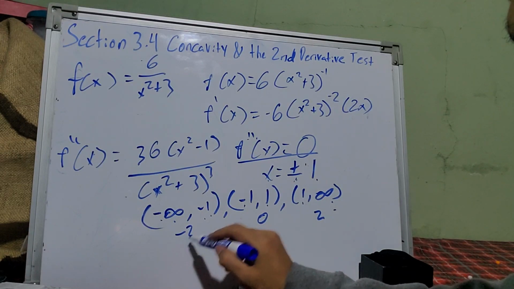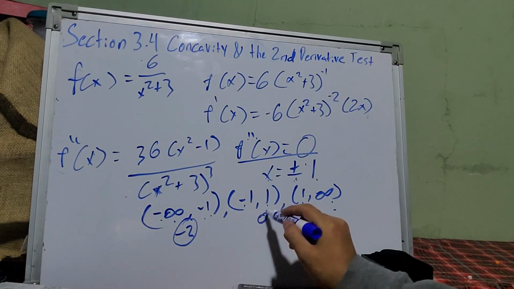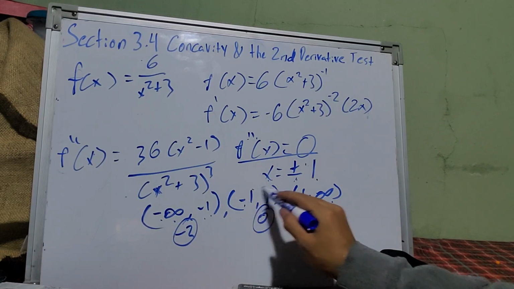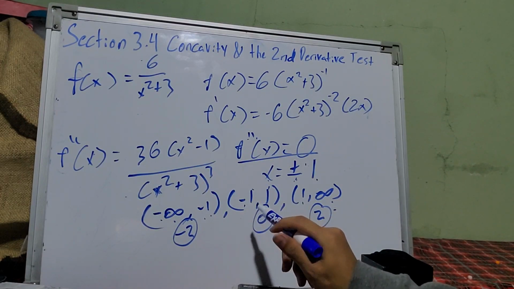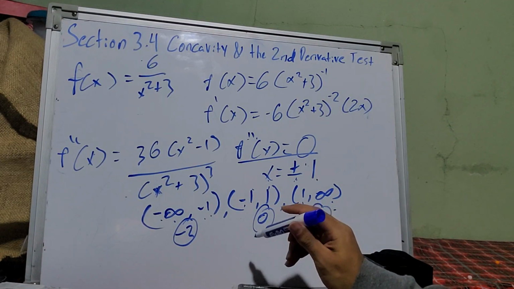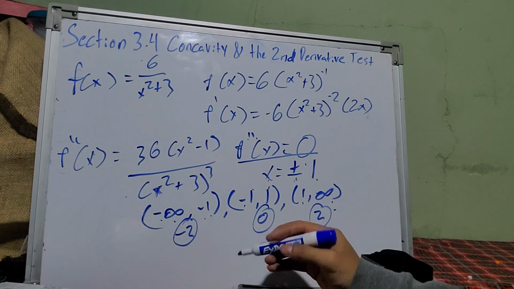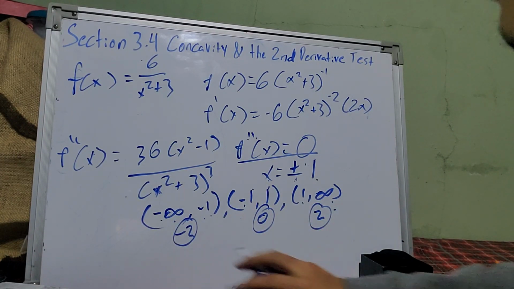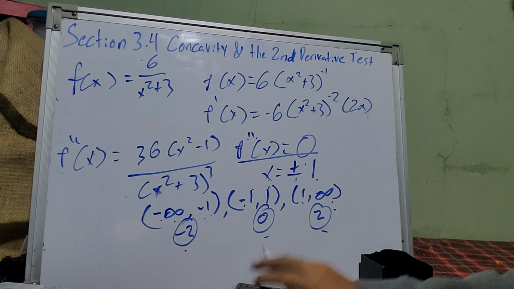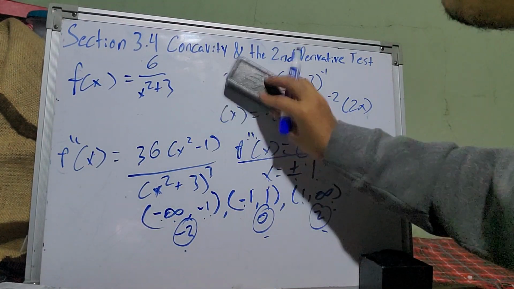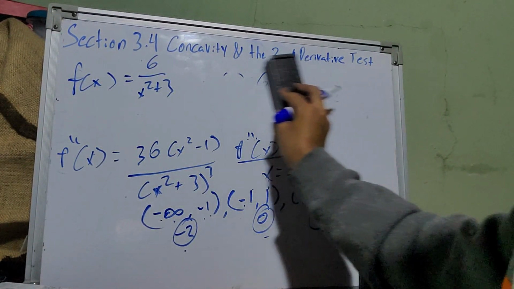In these intervals, we can use any value between the two values to test for our conclusion whether or not they're concave upward or downward. So we'll be using negative 2, 0, and 2.